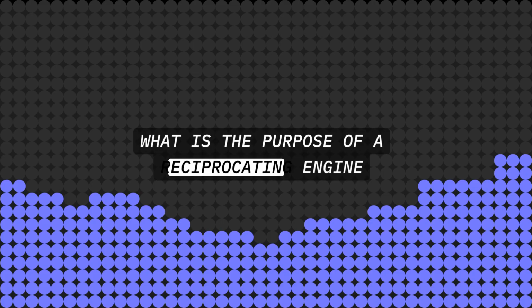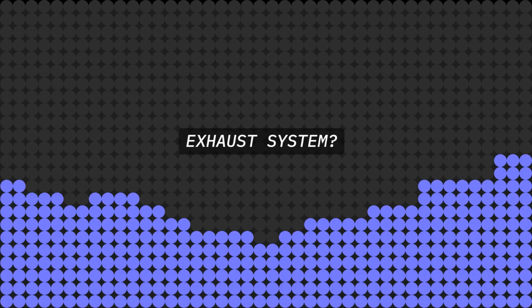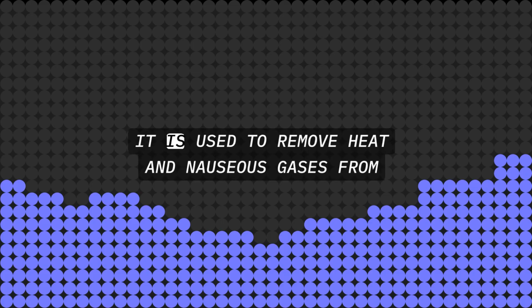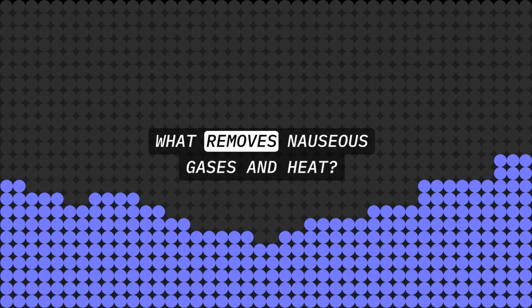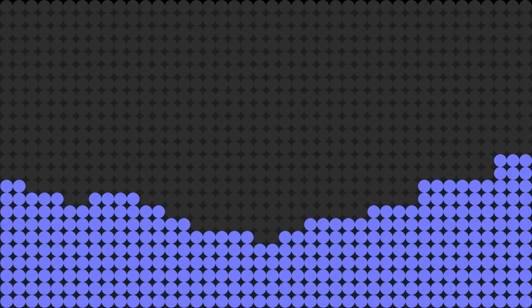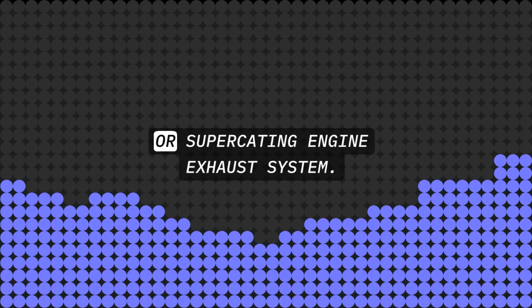What is the purpose of a reciprocating engine exhaust system? It is used to remove heat and noxious gases from the engine nacelle. What removes noxious gases and heat? A reciprocating engine exhaust system.